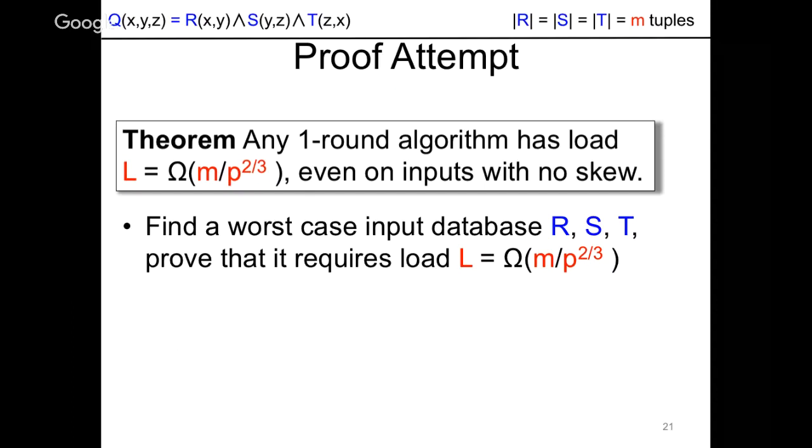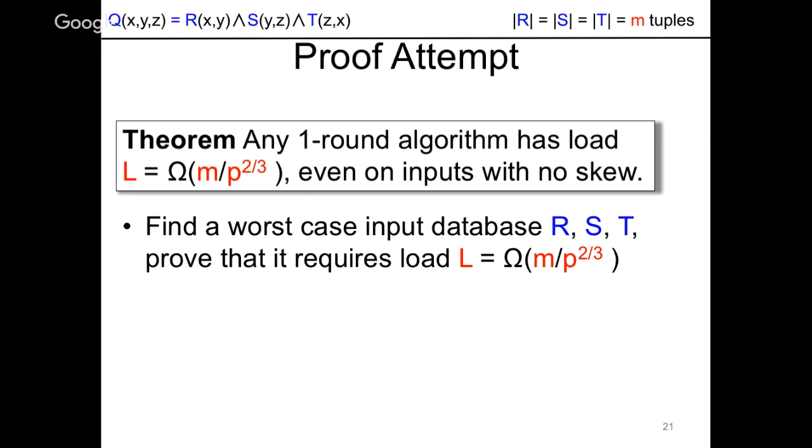Let's try something simple. Let's take a worst case input database without skew and just show that you have to have a load which is m by p to the 2/3 because so much data needs to be communicated. So what is that worst case input database?